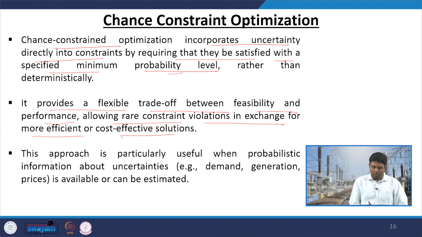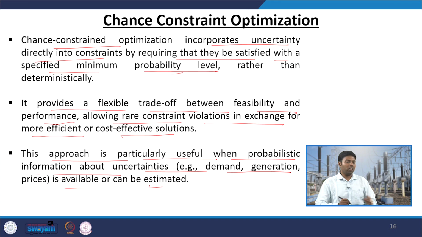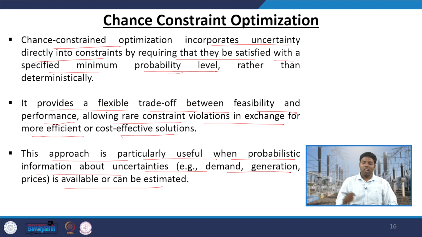Okay? This approach is particularly useful when probabilistic information about uncertainties like demand and generation is available or can be estimated. That means, for that you have to know at which level your constraint will be violated. That means, demand or generation or prices, you know how much variation or maximum level of probability for your forecasted data.